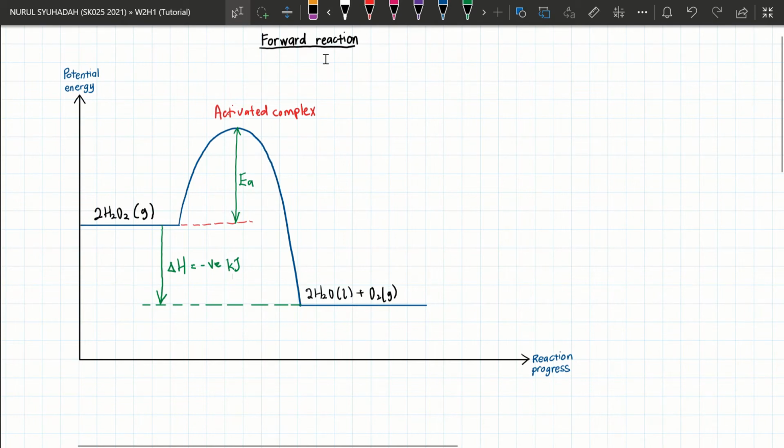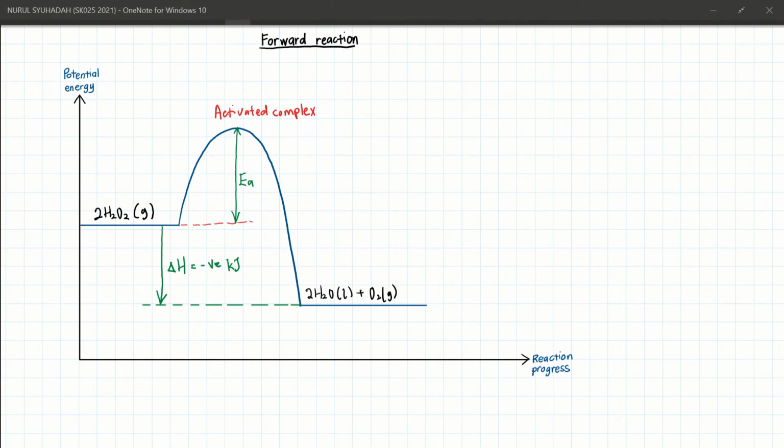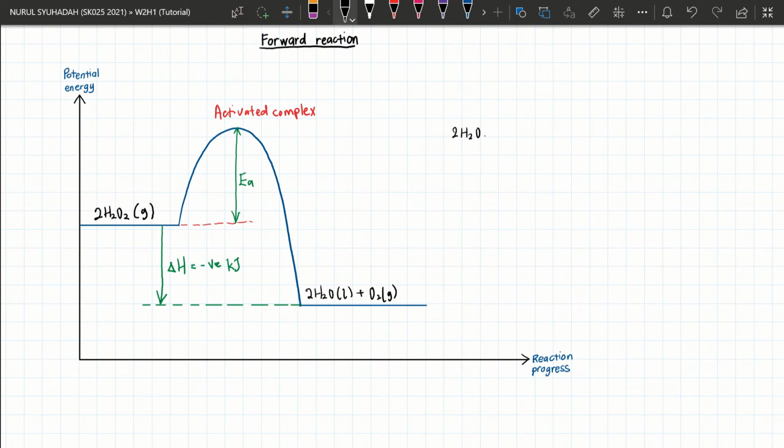Okay, if I write back the equation, the one that we have, the equation will be 2H2O2 gas to produce 2H2O liquid plus O2 gas. Now, for us to draw the reverse reaction, we need to reverse our equation as well.